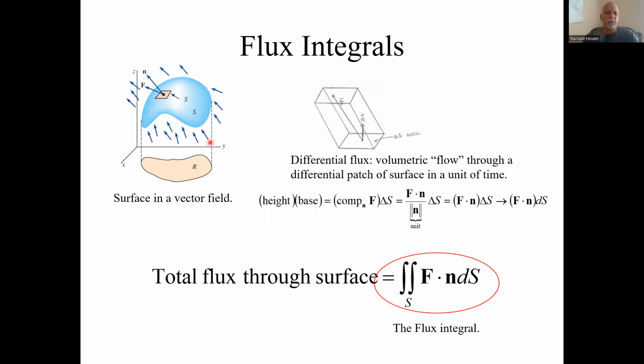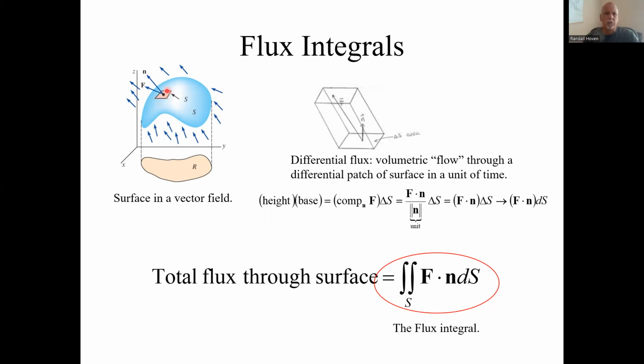This is best intuitively understood if you think of this vector field as, say, the velocity of some kind of fluid. We're interested in how much fluid flows through a little differential patch of the surface in some unit of time.